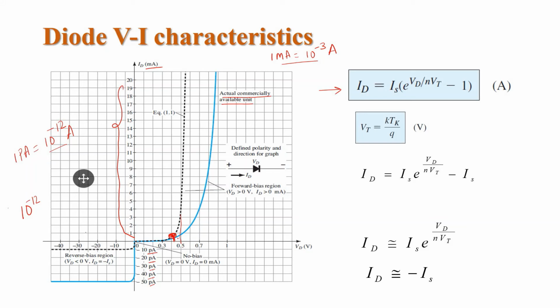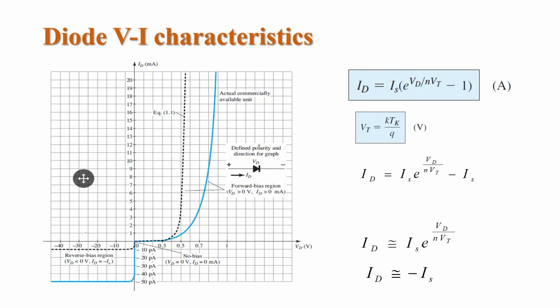For this level of VD, the diode current is no longer depending upon the diode itself, but upon the circuit in which the diode is present: what are the other resistances, what is the DC power supply that has been used. But before the threshold voltage, the diode's current depends highly on the diode itself, and it is very minimal. So threshold voltage is that critical point after which the diode allows a considerable amount of current through it.